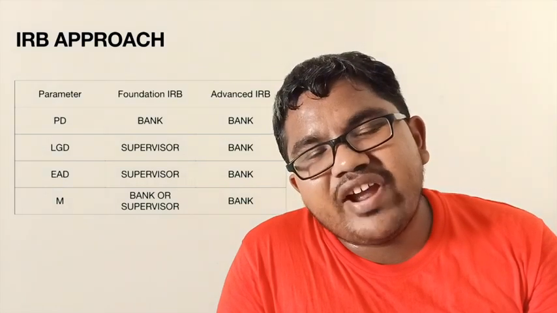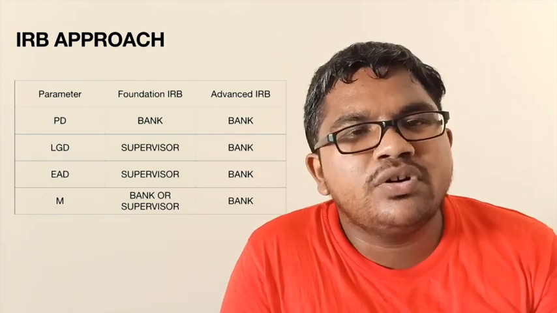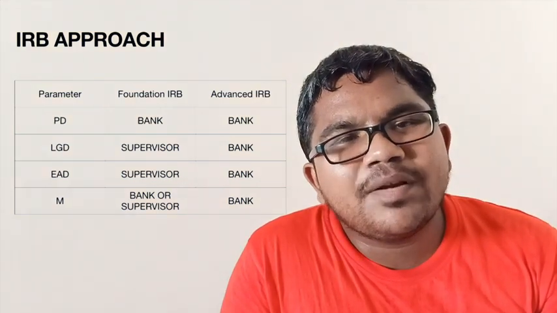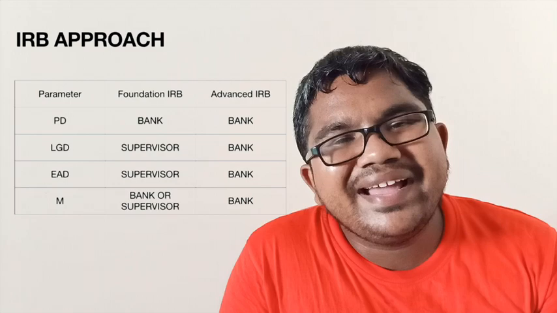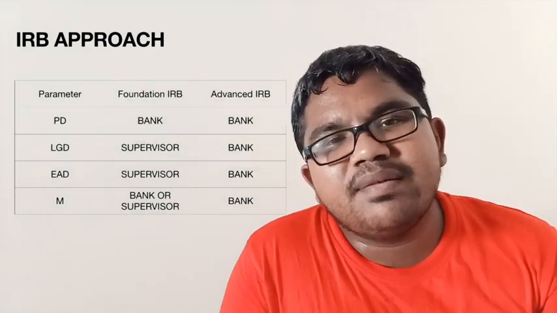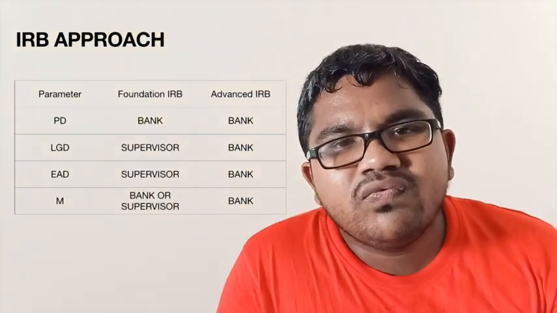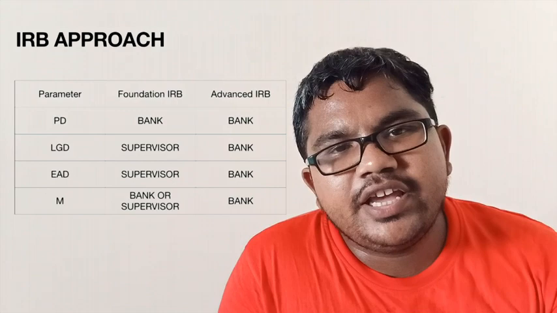Whereas in the case of the advanced internal rating based approach, all the data are provided by the bank itself. This is the basic difference between the advanced and foundation based IRB approaches.